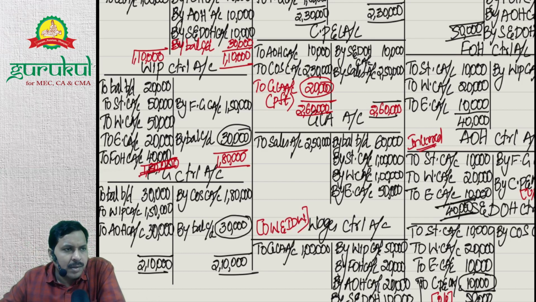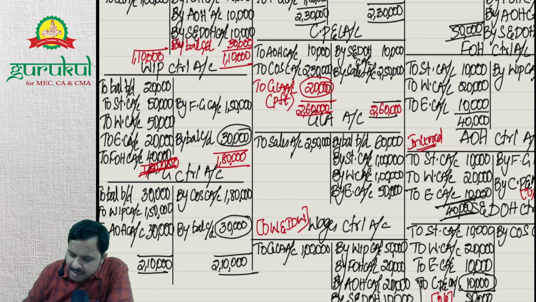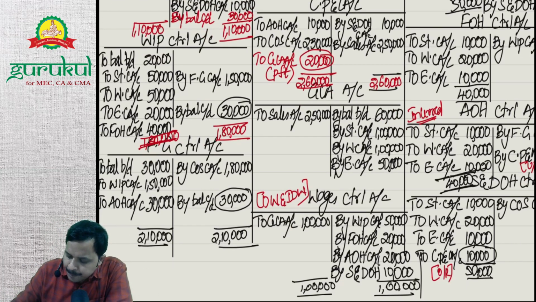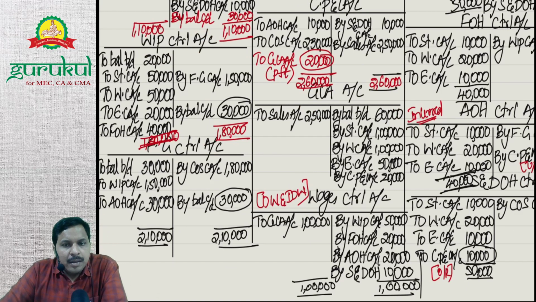If it is loss, GLA account debit to costing P and L. Here we have got profit. So the profit entry is costing P and L account debit to GLA account. Now in GLA account, let me write by costing P and L account 20,000.